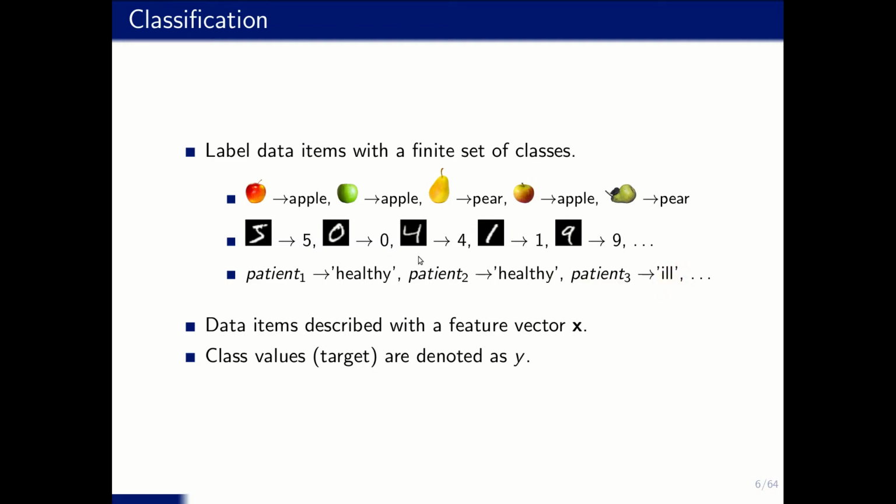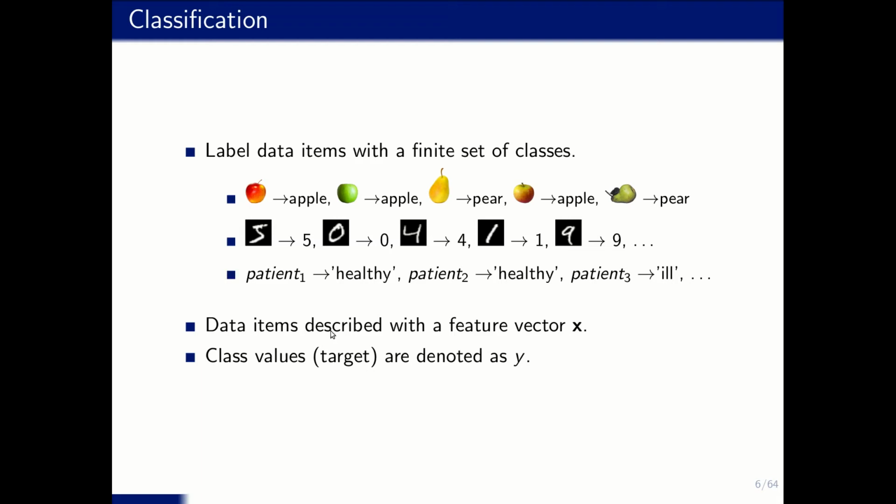The common theme here is that we assume that the data items can be described with some feature vector x. This might be color values, shape values and maybe sugar content of fruit here. Here this might be all the pixels of our images. And here this might be medical measurements of our patients.